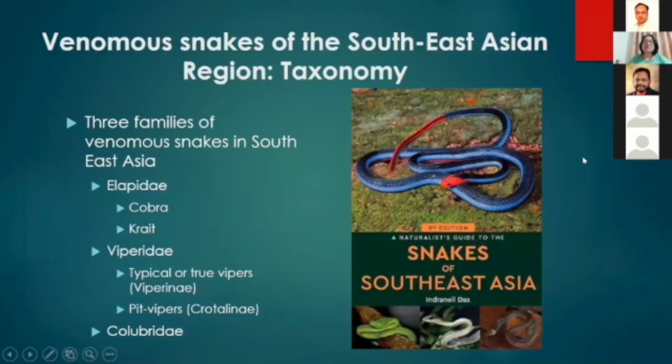Coming on to the venomous snakes of the Southeast Asia region, if you talk about the taxonomy, there are three families of venomous snakes: the Elapidae, Viperidae, and the Colubridae. I do not have to mention these in detail. We all know about this. There's a guide as well regarding the snake bites of Southeast Asia.